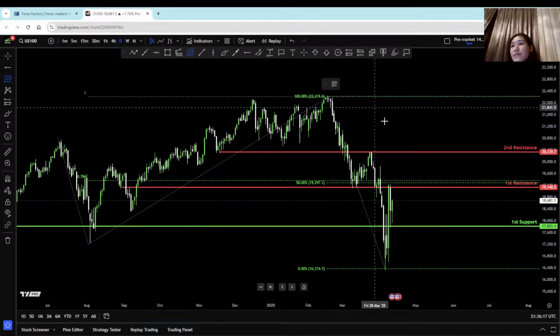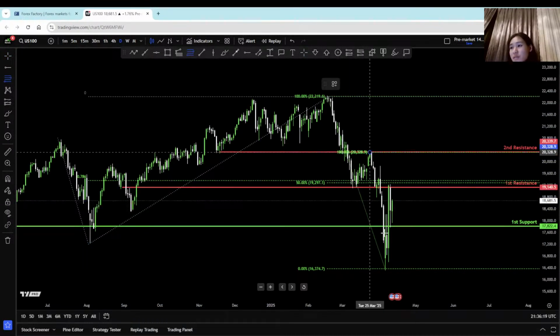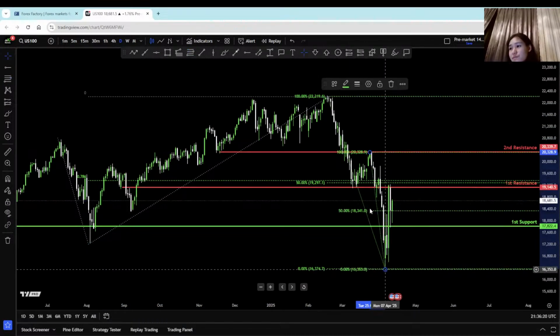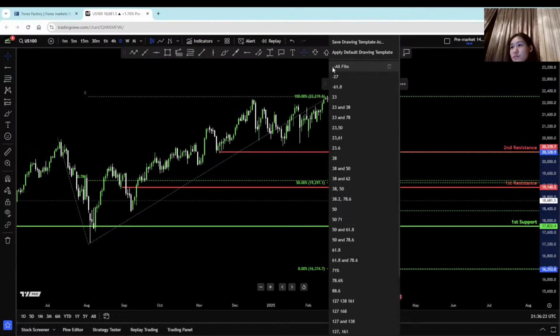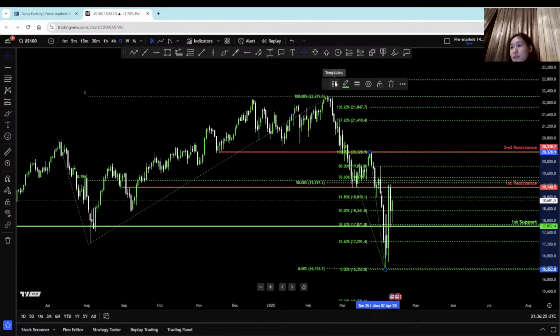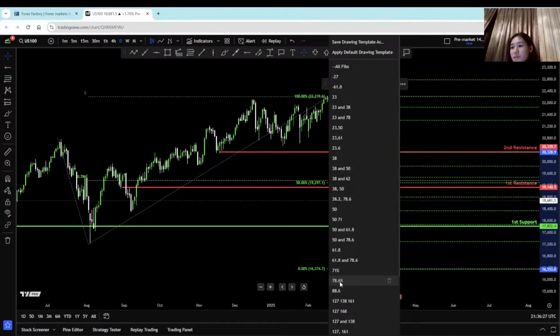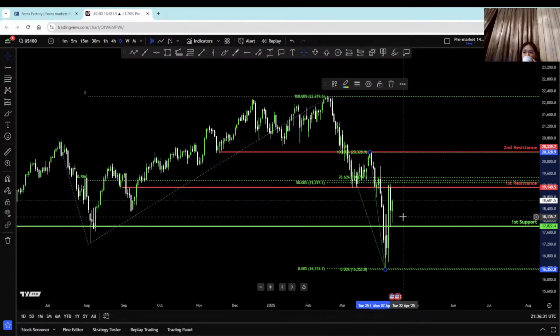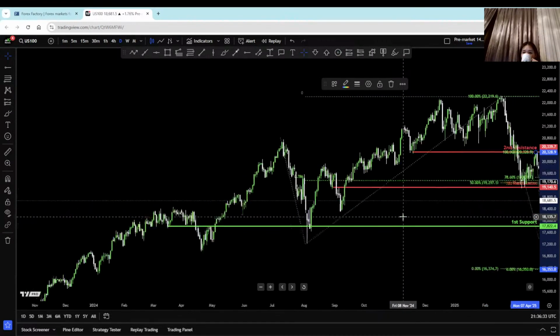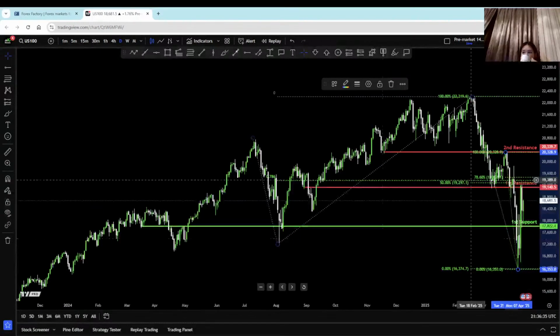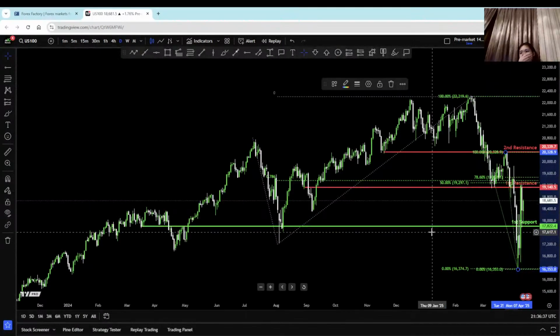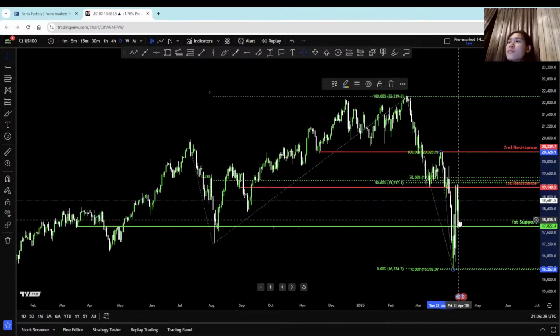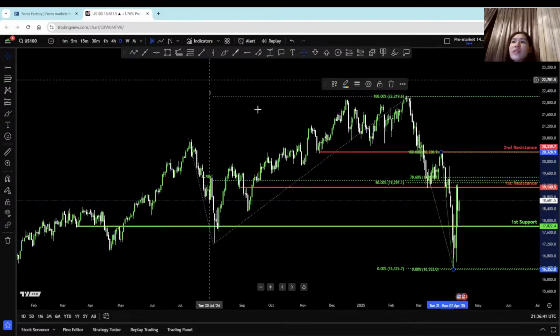I think we have another retracement here. 78.6 lines up. Yeah, I think that's all the levels we have.